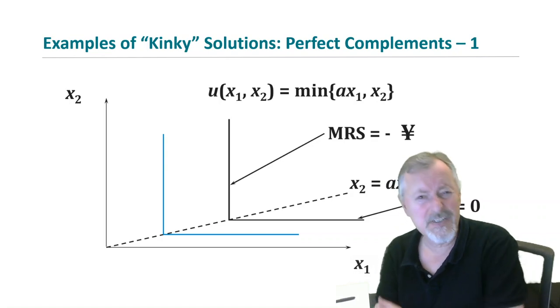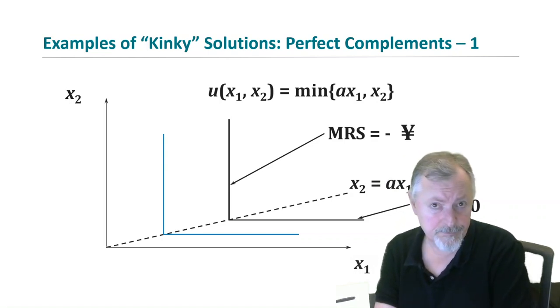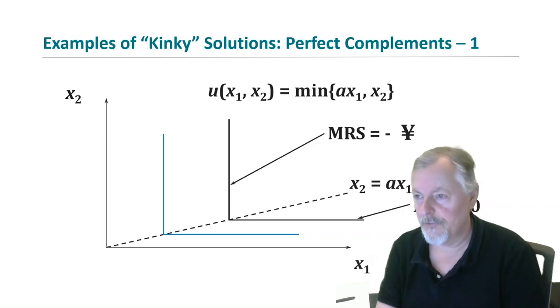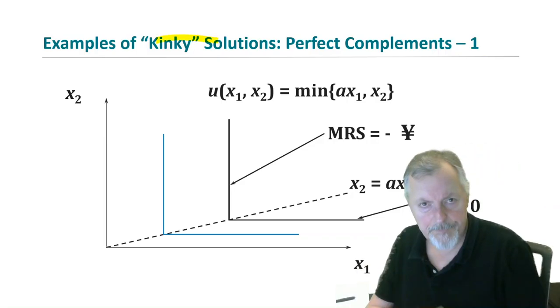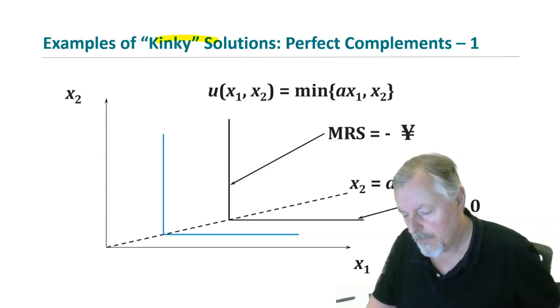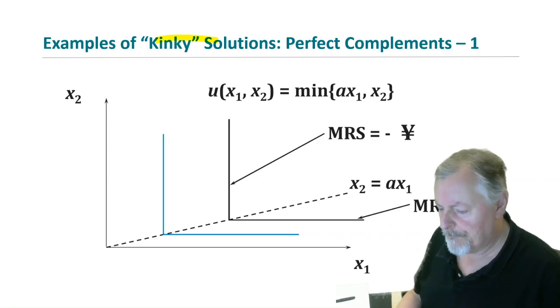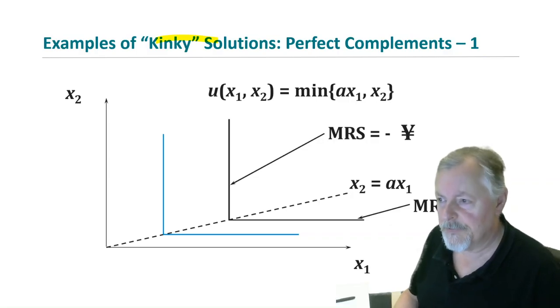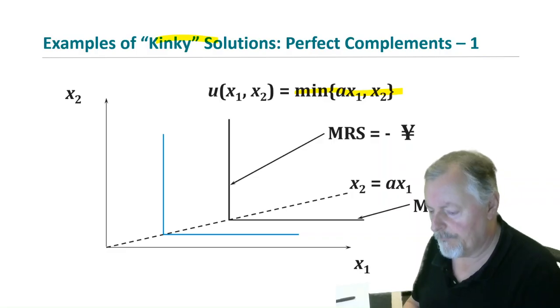Here's another case where it doesn't work right. Perfect complements. The textbook calls these kinky solutions, meaning there's a kink in the indifference curve. With perfect complements, here's a simple example.